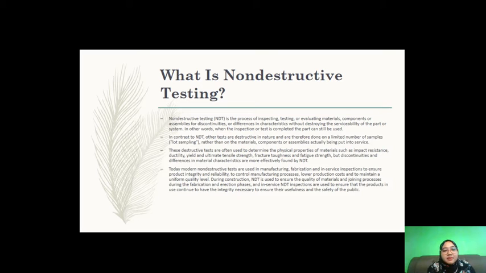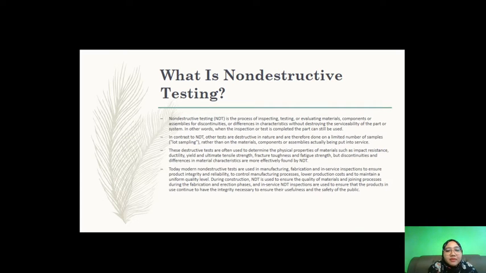In contrast, destructive testing is destructive in nature and therefore done on a limited number of samples rather than on the one material, component or assembly actually being put into service.